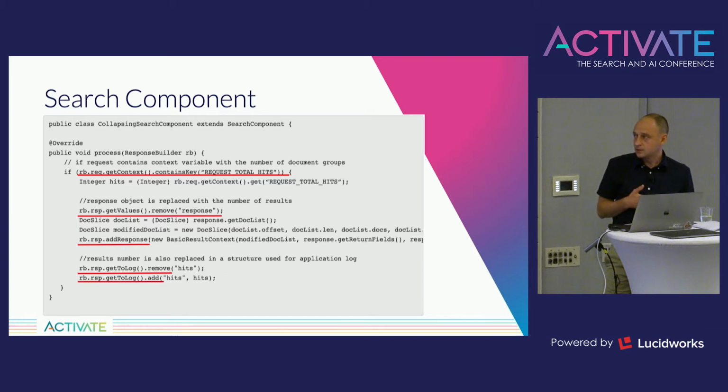If so, it fixes the response object, rebuilding it with the appropriate number of hits. And one thing that also has to be fixed is the object that is used for application logs, and this number has to be fixed there too.